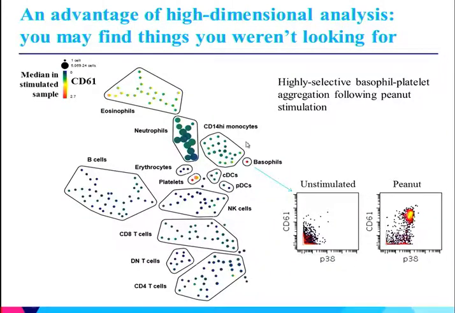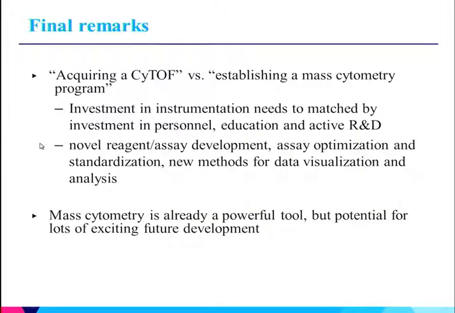But it looks like, post-stimulation, you have very robust, presumably aggregation of platelets with basophils following activation. It's a highly specific activation. How much of this is a consequence of the subsequent functional aspects in the basophils is a topic to be investigated further.